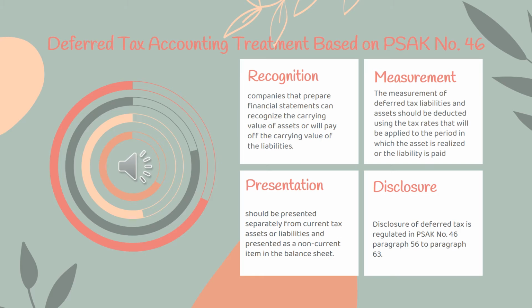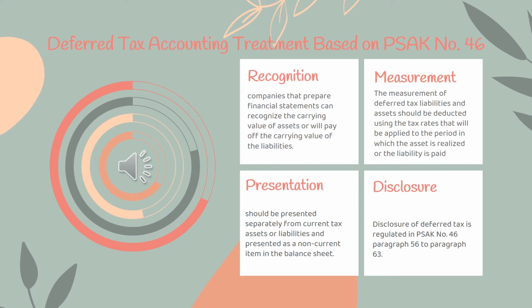Then, reconciliations between the average effective tax rate and the applicable tax rate by disclosing the basis for calculating the applicable tax rate. And then, change in prevailing tax rate and comparison with the rate in effect in the previous accounting period.